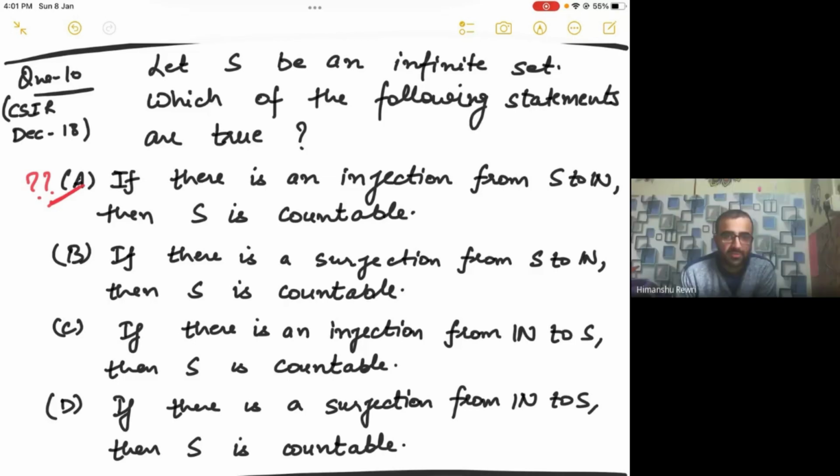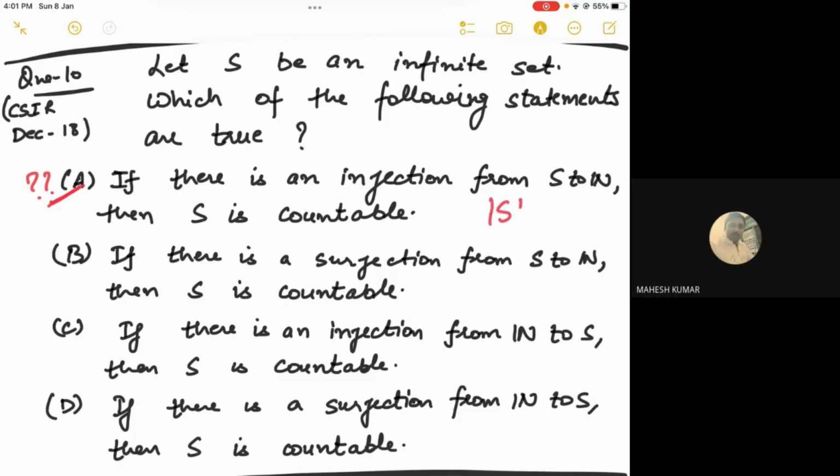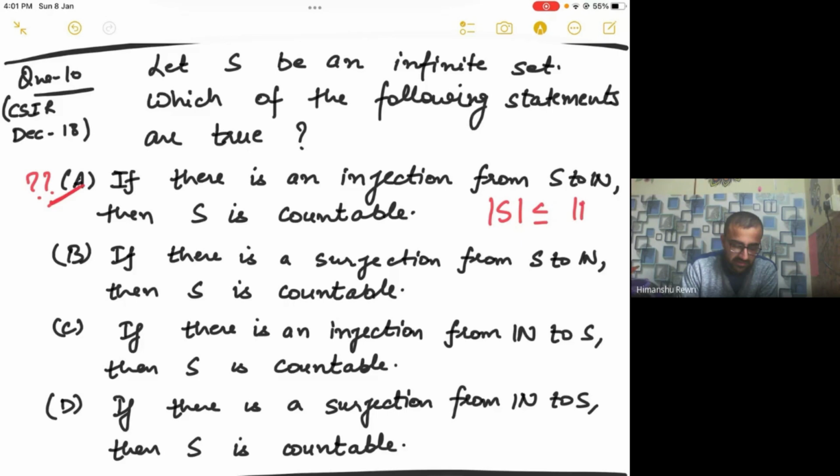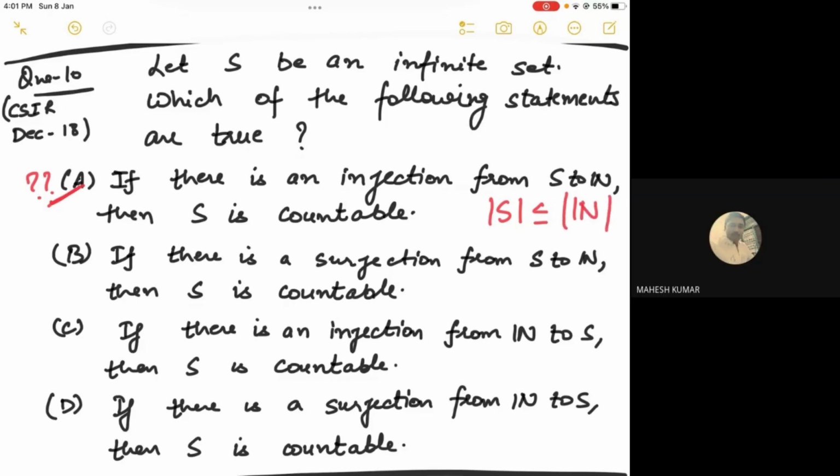Very good. We are given that there is an injection from S to N. So that means the cardinality of S is less than or equal to the cardinality of N. And yes, a subset of a countable set is countable.